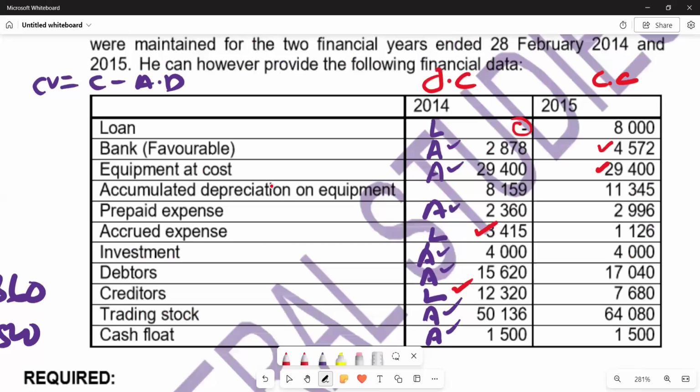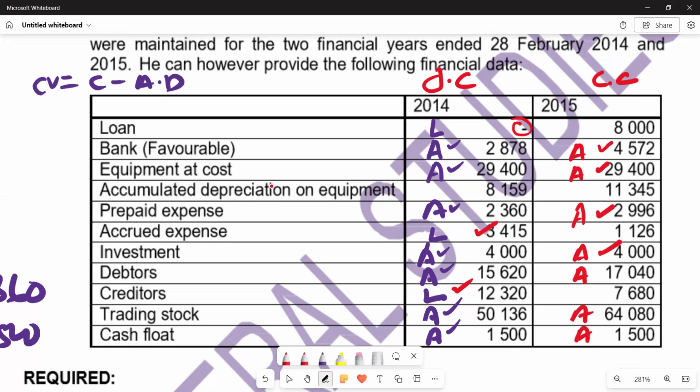And then we also have our prepaid expenses being an asset. And then from there, we go to investment. It's an asset. So we are saying these are assets that we have. We also have investment asset, and then debtors assets, and then we have got our trading stock assets, and then cash flow assets.